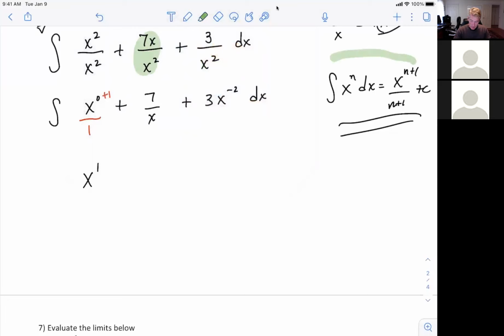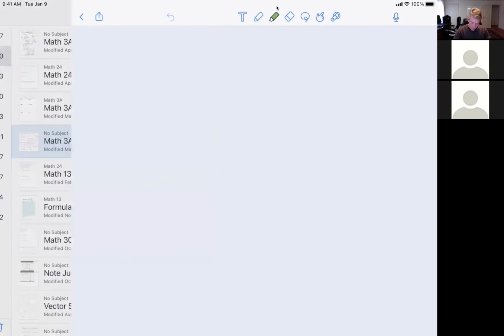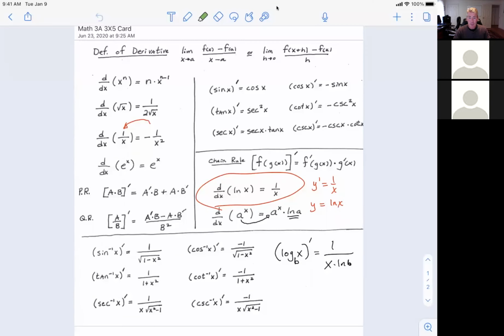Now this over here is one way to find antiderivatives. Another way to find antiderivatives is by using the derivatives that you already know.